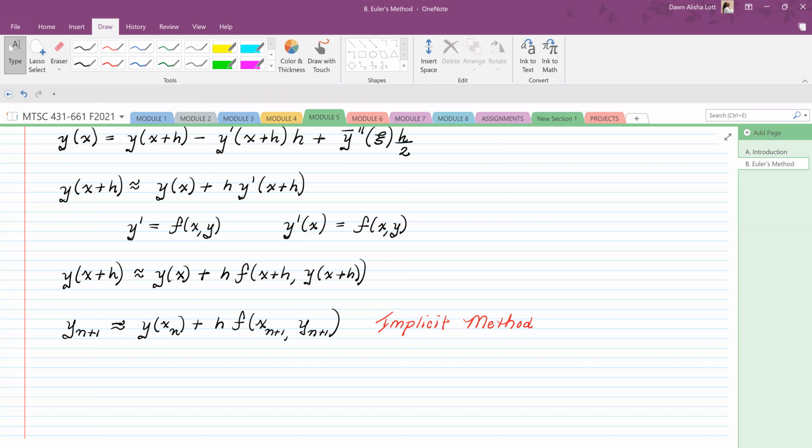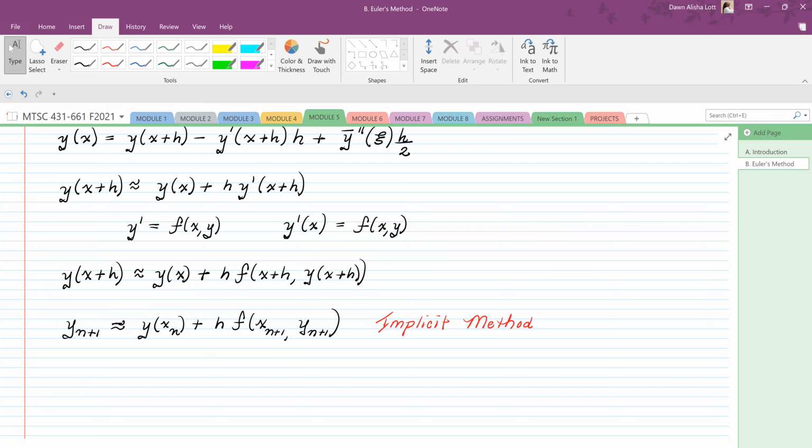How do you do that? And so this particular method is actually implicit. It is unconditionally stable. We don't have to worry about the value of h that you choose. But it can be difficult.